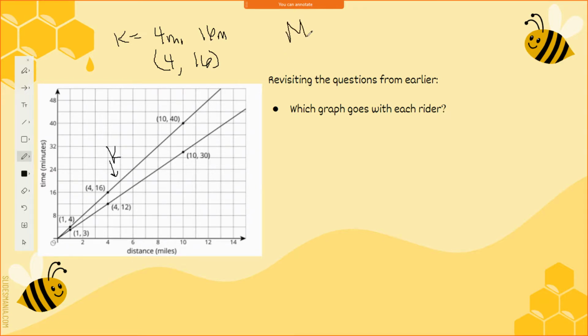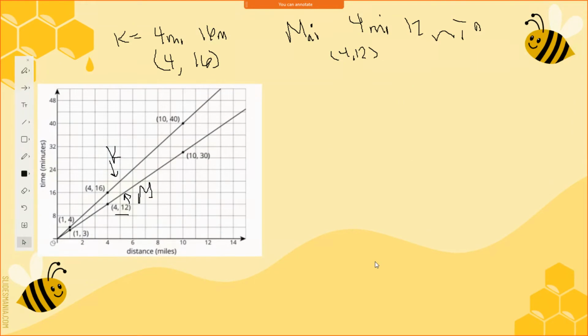While Mai went 4 miles in 12 minutes. Okay, so that means her point is going to be (4, 12), which means that this one right here is Mai because of the point (4, 12).